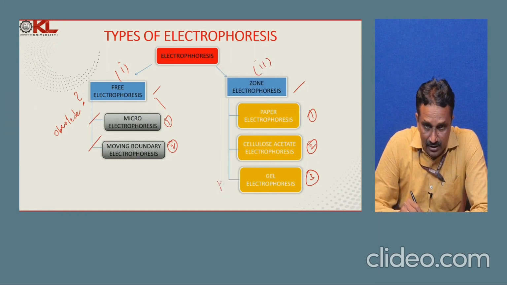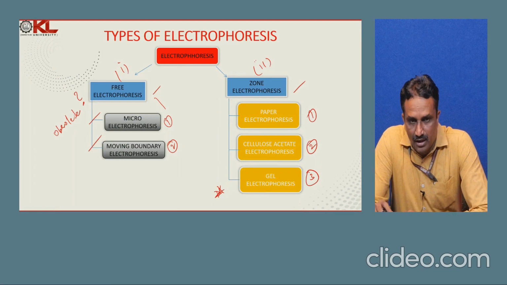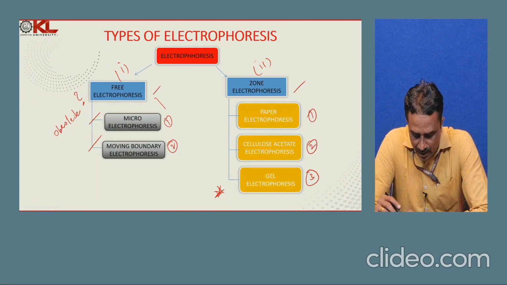This is the type of electrophoresis which is very important and being used till date. There are several different types of gel electrophoresis which we will be discussing in the subsequent slides.